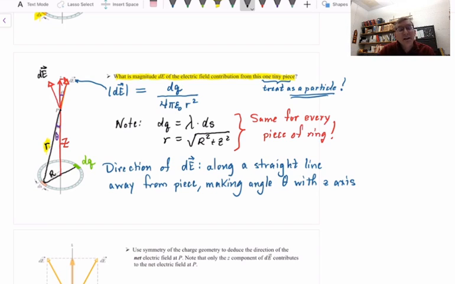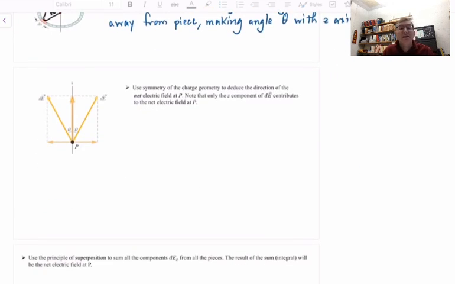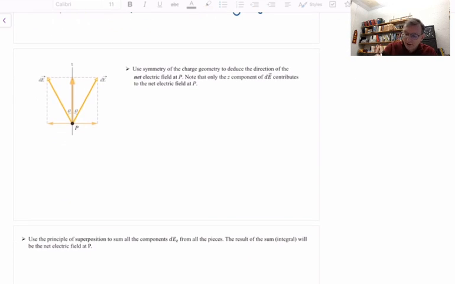And so what I want to show you in the next picture is those two dEs together. One from our original little piece of ring and the other dE from the diametrically opposite piece of the ring, because that's the symmetric partner to our first piece. We want to use symmetry to help us figure out the direction of the total electric field.